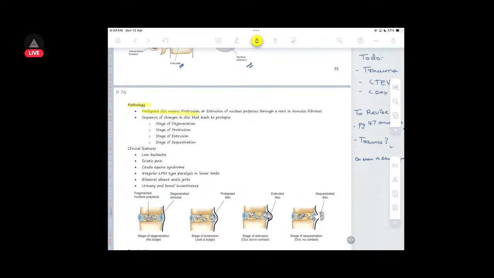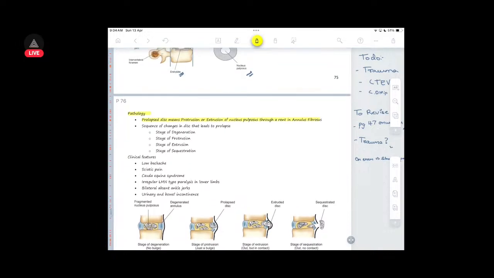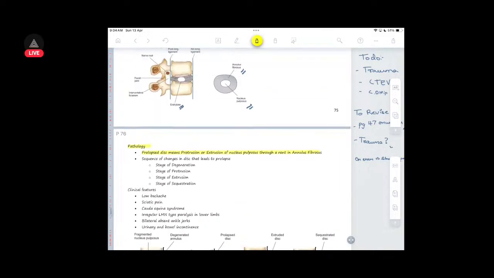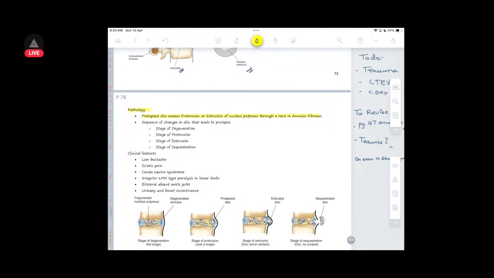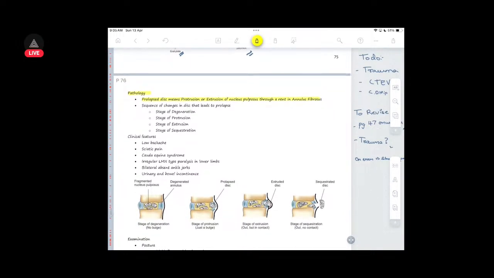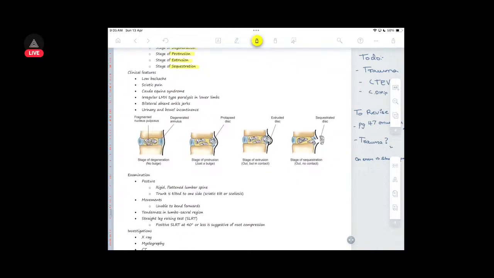Pathology means protrusion or extrusion of the nucleus pulposus through a rent in the annulus fibrosis. The sequence of changes leading to prolapse is first degeneration, then protrusion, then extrusion and sequestration.